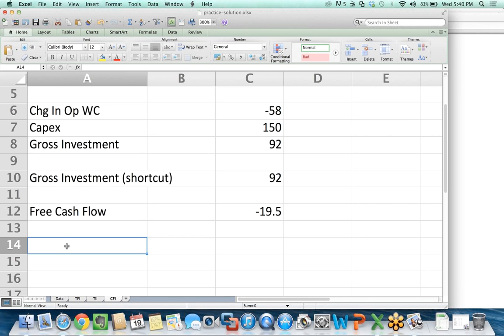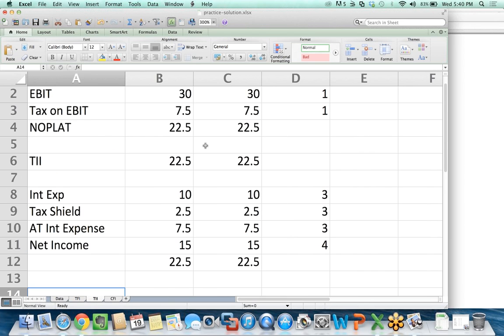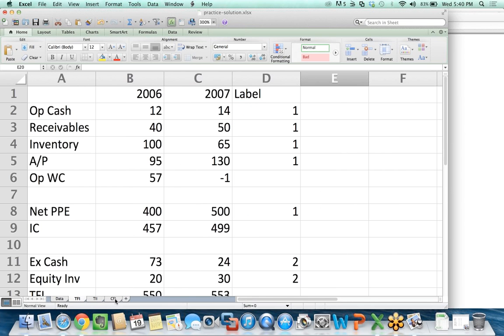From here, I then add any non-operating cash flows. Any non-operating cash flows in the income statement? I don't have any, but on your homework, you will. Then I look at any non-operating cash flows in the balance sheet.